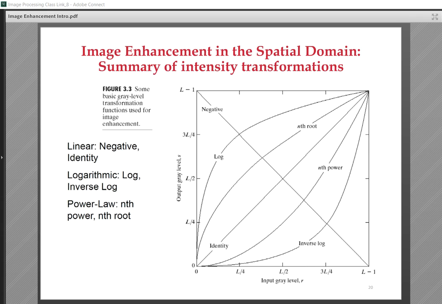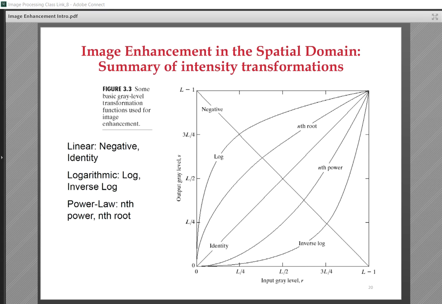All of the last slides are gathered in this slide. Some basic gray level transformation functions used for image enhancement in the spatial domain: linear, negative, identity, logarithmic, log, inverse log, power law, nth power, and nth root.